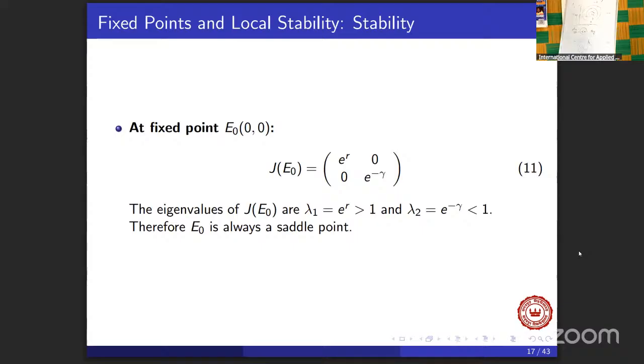We get the eigenvalues lambda 1 and lambda 2 as e to the power r and e to the power minus gamma. That is, one is greater than 1 and the other less than 1. Therefore E0 is always a saddle point. Go to the next slide.